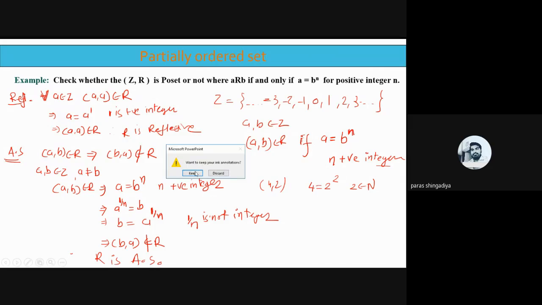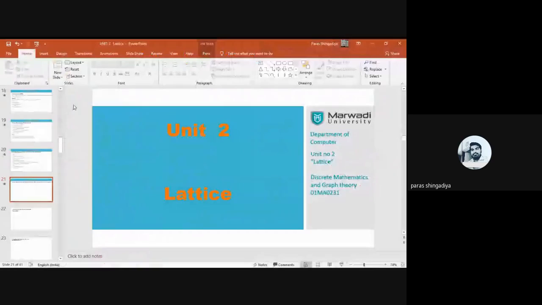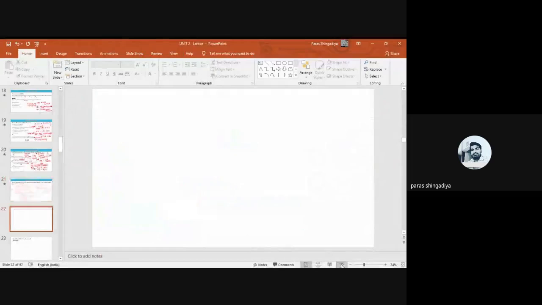Okay, so the second condition is satisfied, and now let us check the third one. The third condition is transitive. If a, b, c belong to Z, if ab belongs to R and bc belongs to R, this implies a comma c also belongs to R. This you have to prove. So ab belongs to R, bc belongs to R. What does it mean?